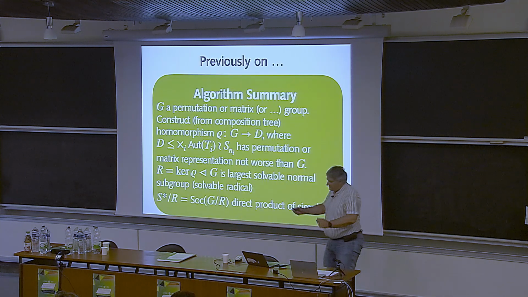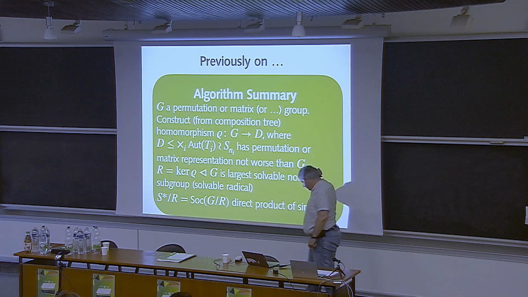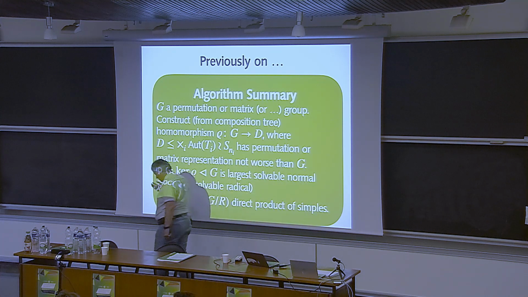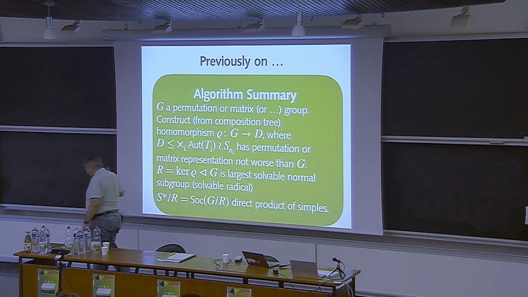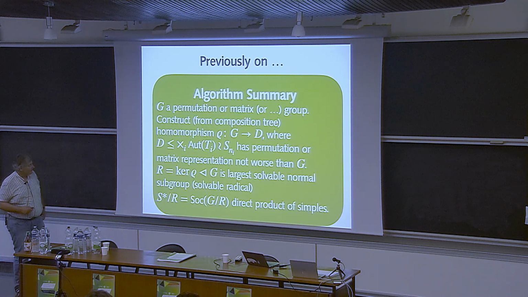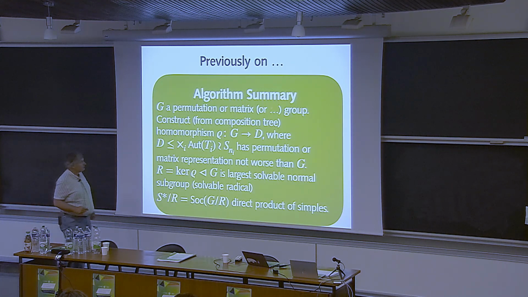Right, so let's go back to where I was at the end of my second talk. I talked about this solvable radical structure, and I will not bore you with this horrible picture of the structure in detail. Basically, what we had constructed for a group is we have a group, permutation or matrix group.